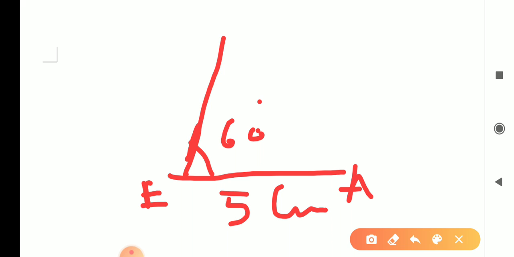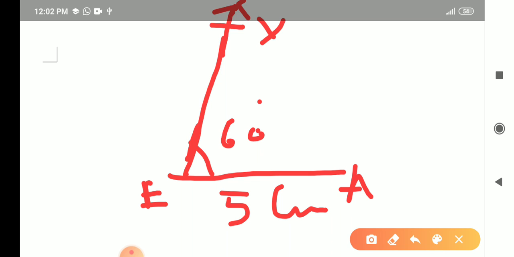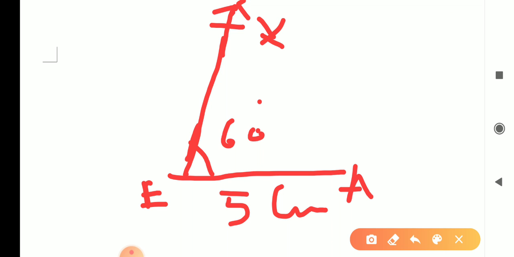Now draw an extended ray EX to a point X, in which ED is given 4 centimeter. Taking E as center and radius 4 centimeter, cut 4 centimeter from EX. This is the point D.